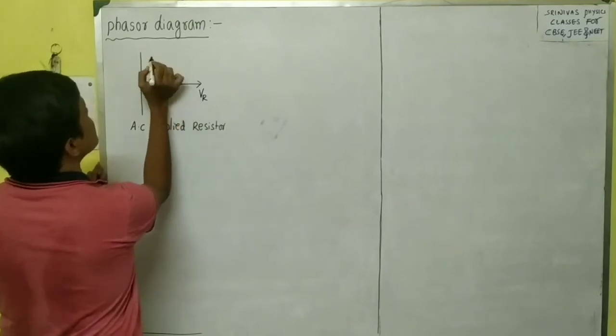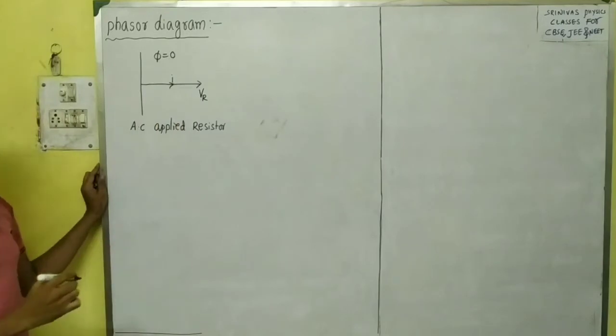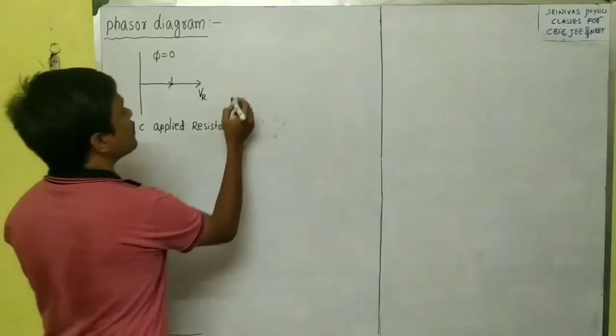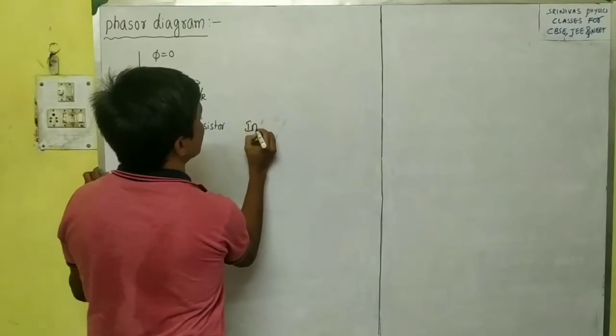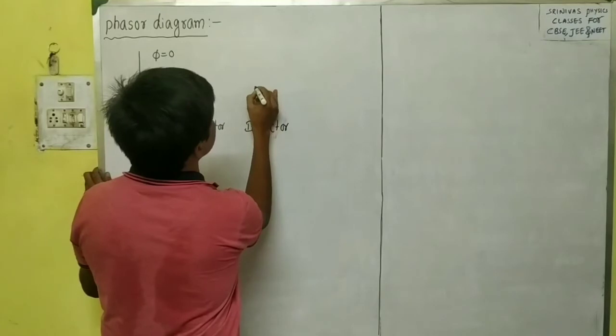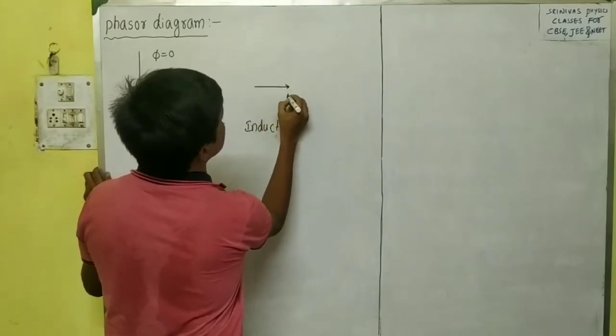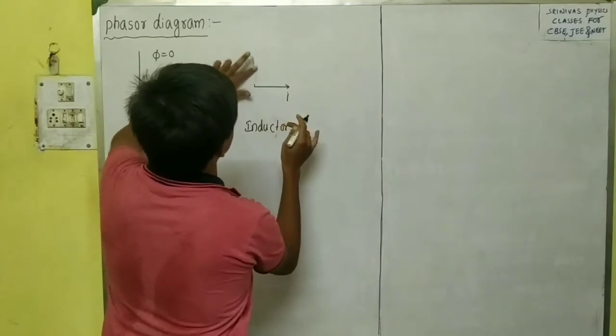The phase difference is 0 in this case. This is the first diagram. The second case is only an inductor. The diagram will be like this: this is the current and this is the voltage across the inductance.